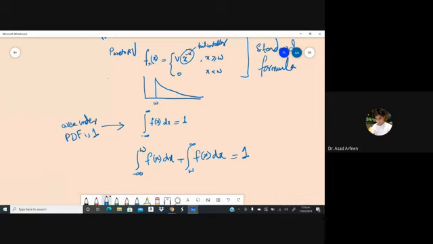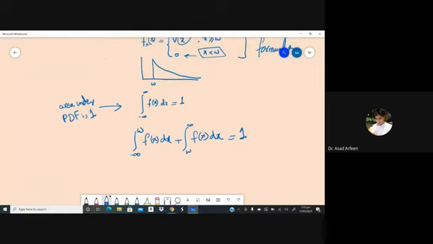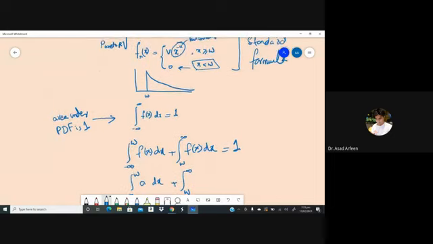You can see that for any value less than w, the probability is 0. So this part, minus infinity to w, is 0 into dx, plus w to infinity, and here the formula is v x to the power minus u, equal to 1.